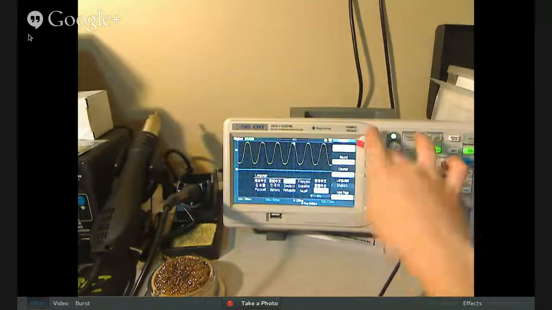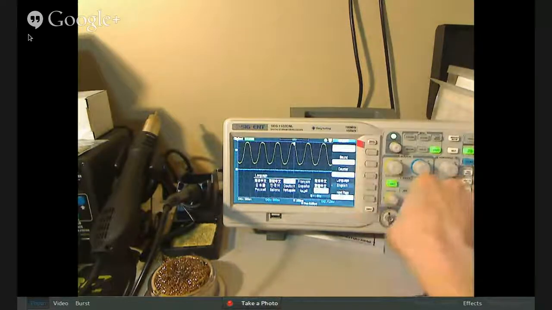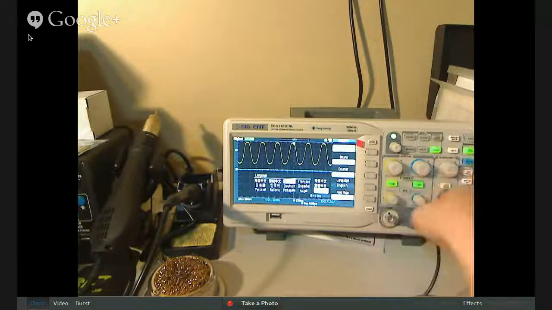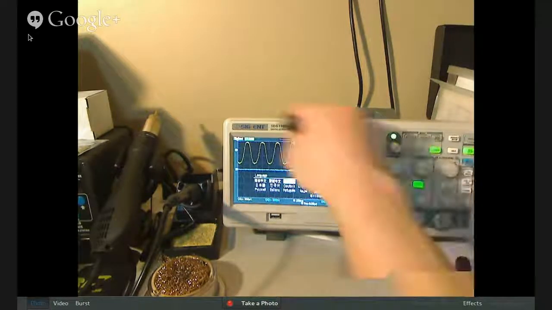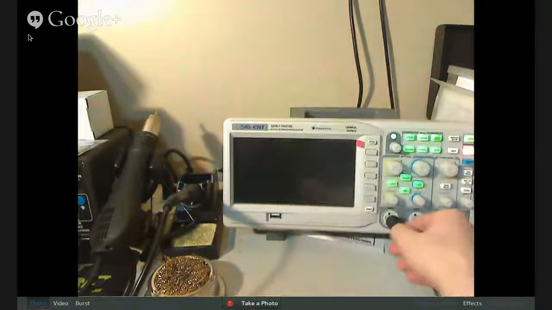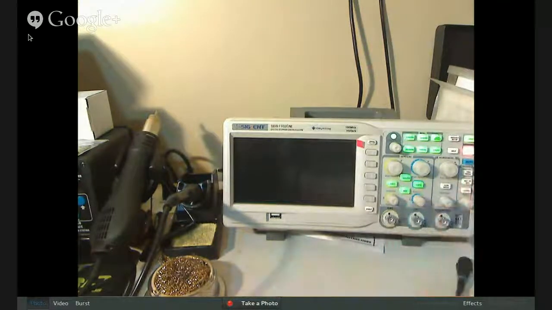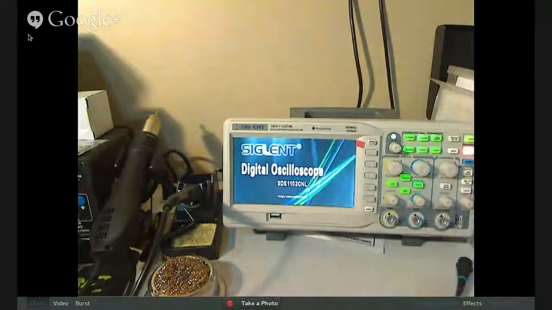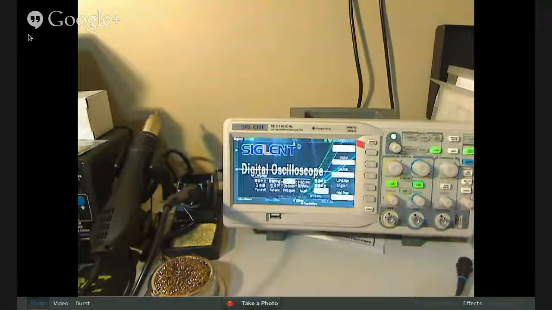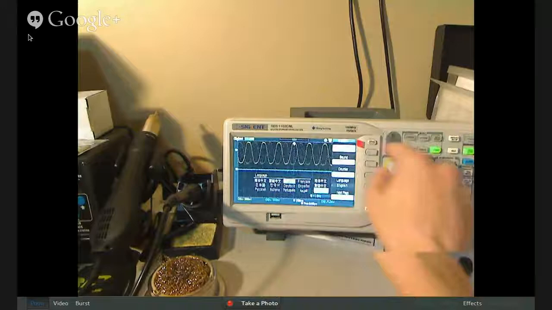Oh boy, this is not going to work. So I'm going to have to set this up manually. Equipment malfunction. This is not a piece of equipment you want to malfunction either. Oh, that's just the display, the view.